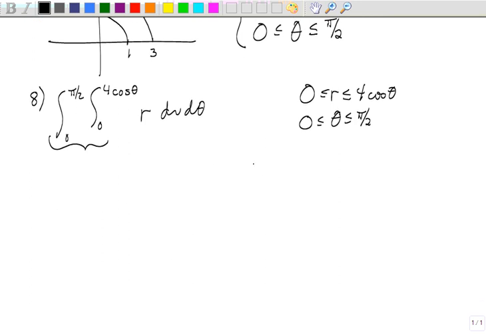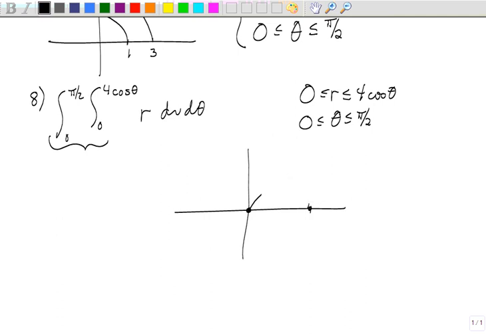Well, 4 cosine theta is a circle, and if you start at 0, it's 4, and pi over 2 is 0, and theta is between 0 and pi over 2, so I get that half circle.